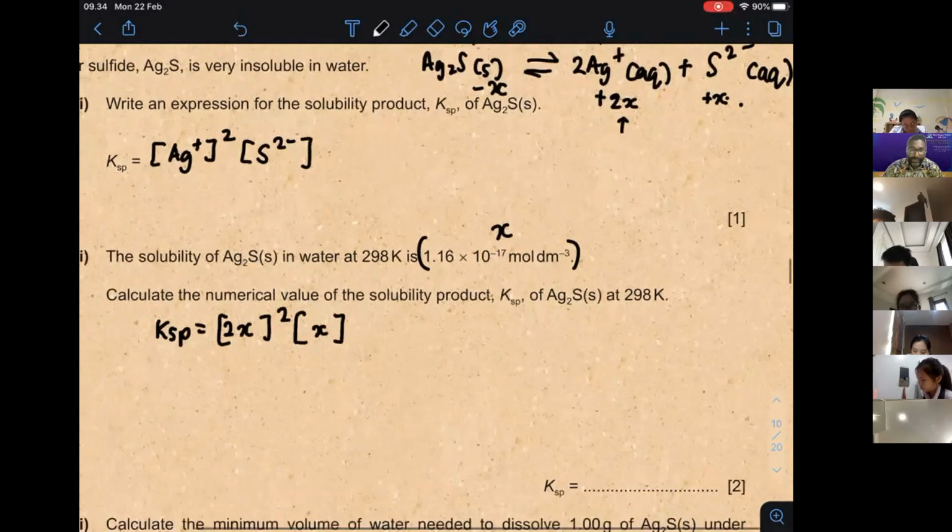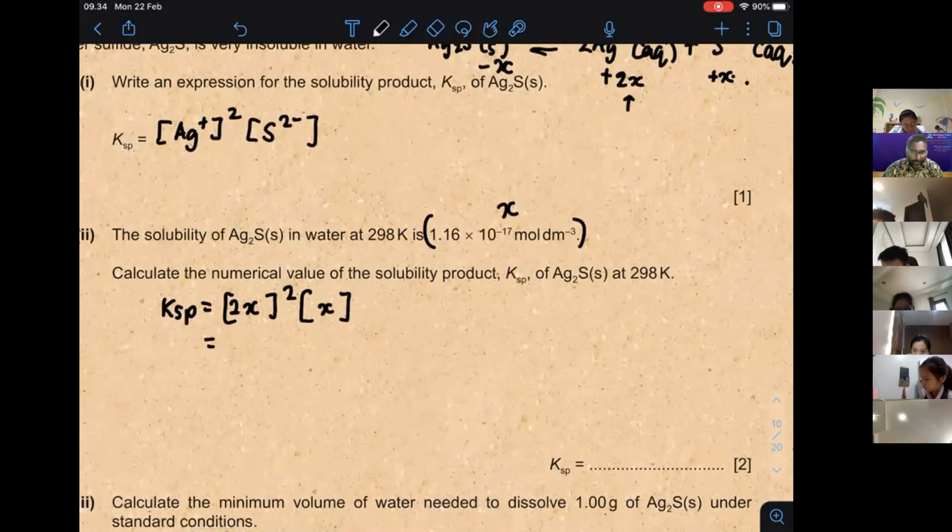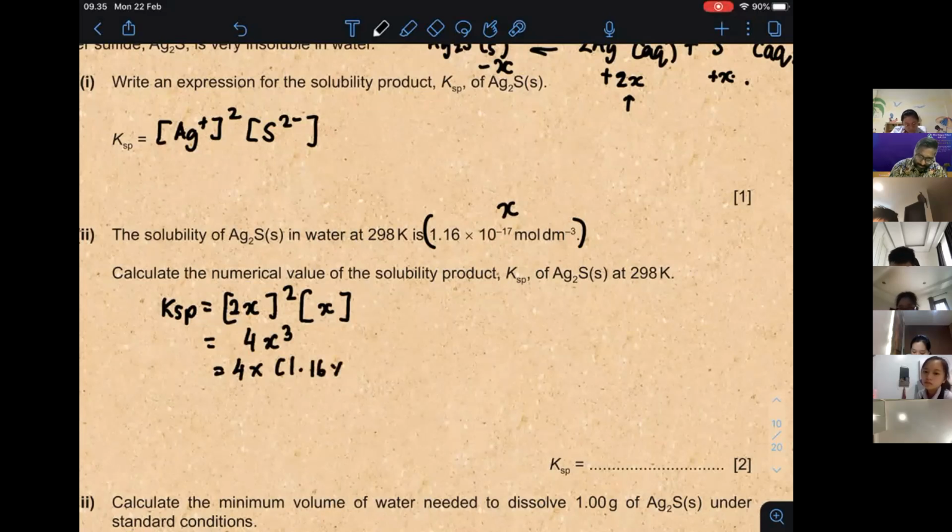It is very important, so please take note of this. 2 to the power of 2 is going to be 4, so x to the power of 2, then x, gives x to the power of 3, and that's going to be your Ksp. So 4 times 1.16 times 10 to the power of negative 17, to the power of 3. And you will get the answer. Let me calculate also. You guys also calculate.